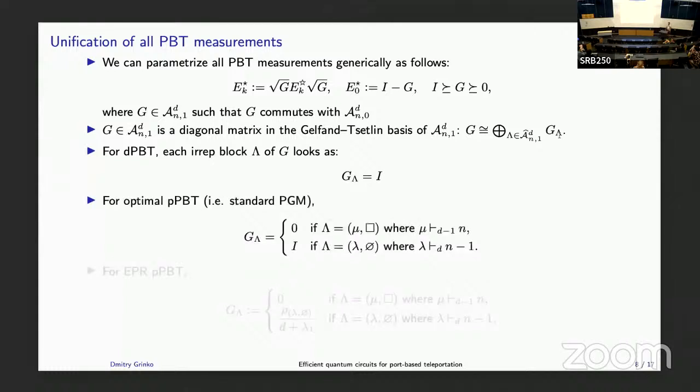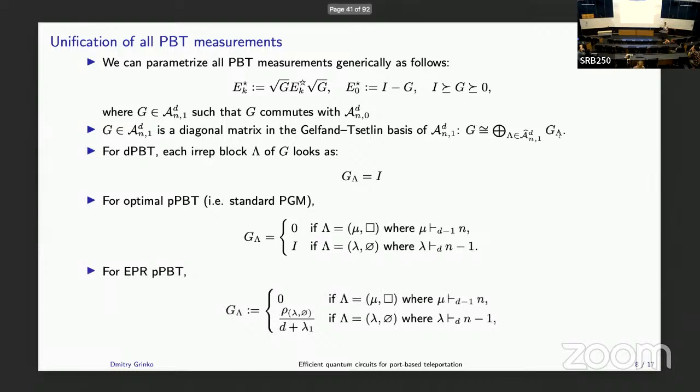For optimal PBT, which is the standard PGM, these G matrices look like this. For some of the irreps it's 0, but for some it's the full identity. And for this last one, which is the measurement for EPR PBT, it looks like this.